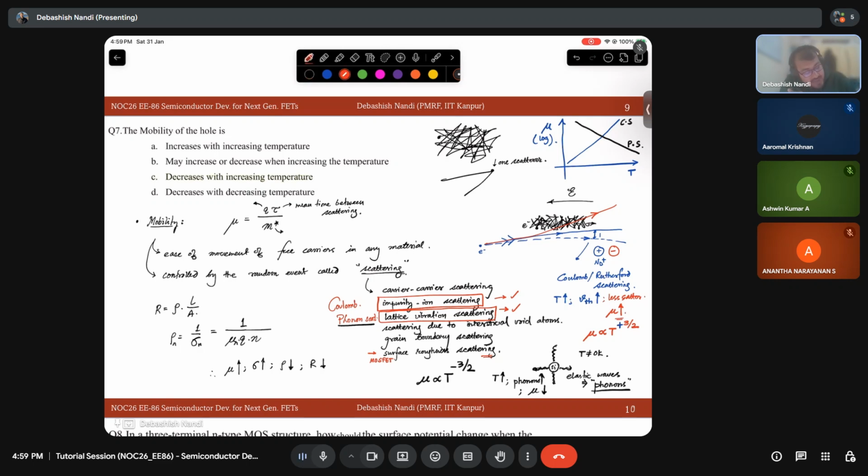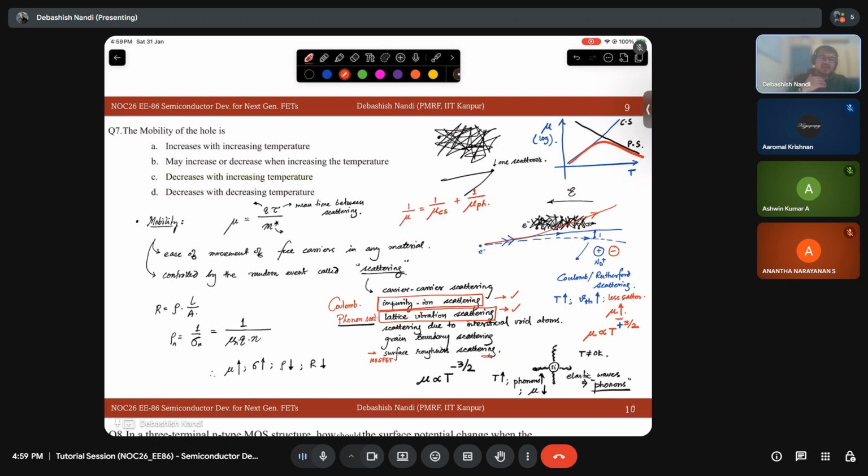Now you might be aware of the Matthiessen rule. So this is like resistances in parallel. So the lesser one will dominate. Fine. So your final mobility versus temperature curve, you will get something like this.